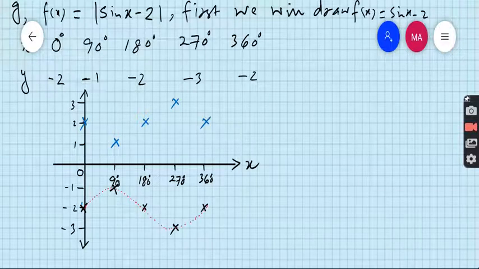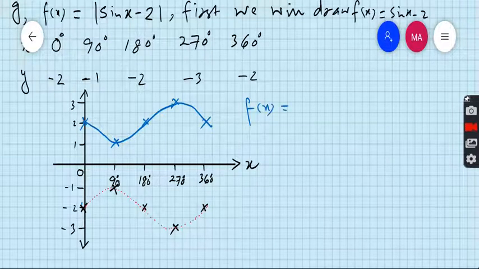Now join these points. This is the reflection of the red curve. And this is the graph of f(x) equals the absolute value of sin x minus 2.